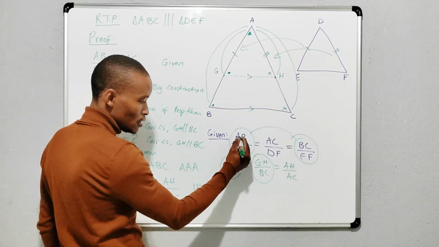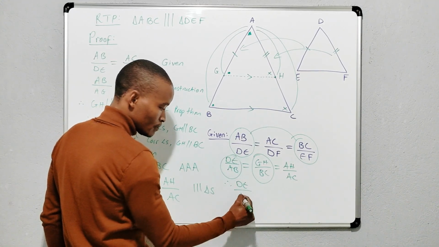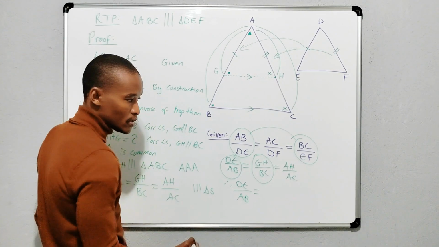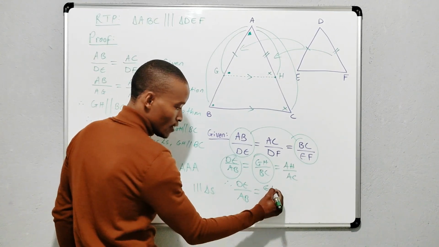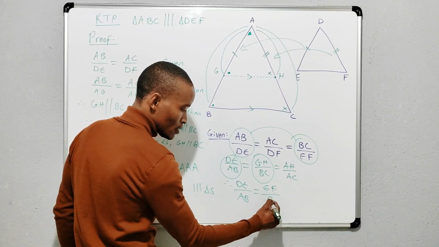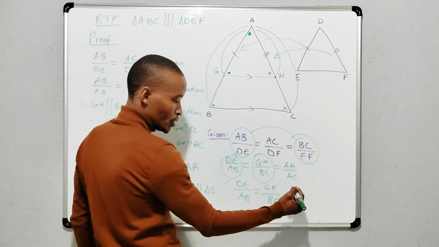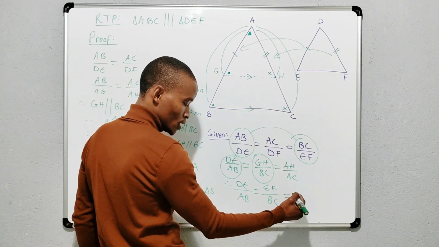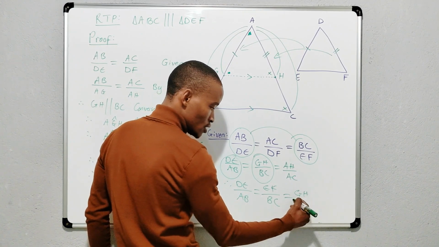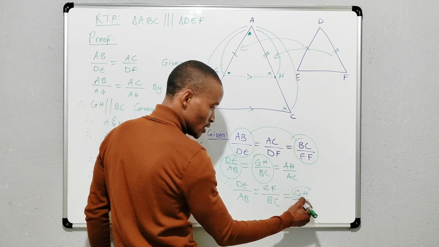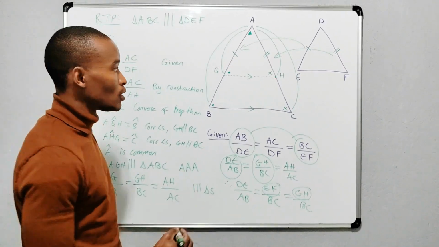So it means DE over AB is equal to what? EF over BC. And DE over AB is equal to GH over BC, meaning that GH and EF are equal.